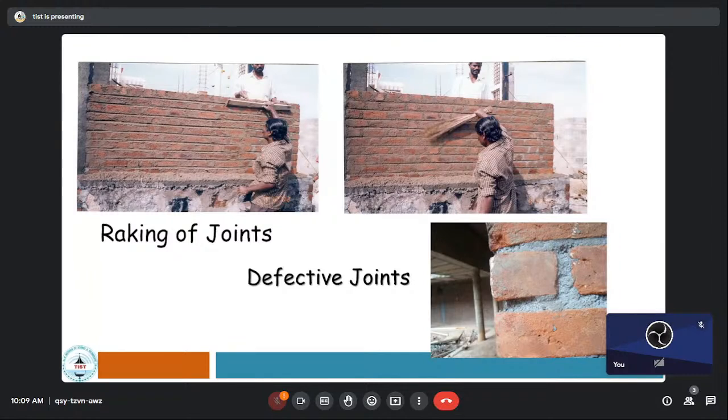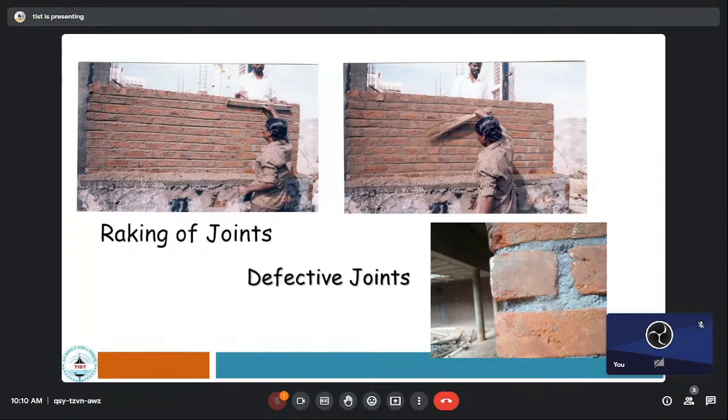Once you broom it and rake it, in some cases you will find it like this. What is the thickness between the two bricks? Can you imagine the thickness of the mortar? More than 3 centimeters gap is there. And you can also find the corner brick is almost like a cantilever.